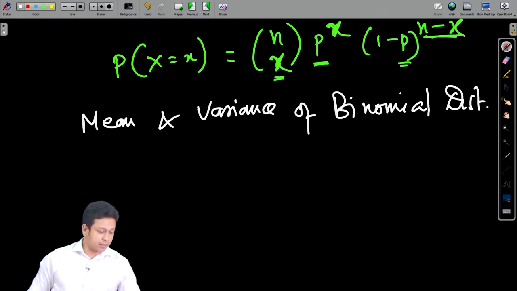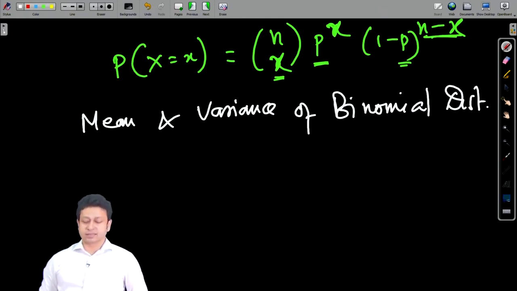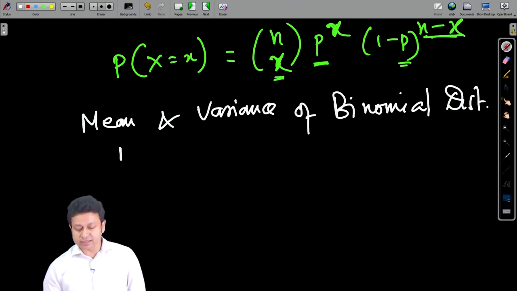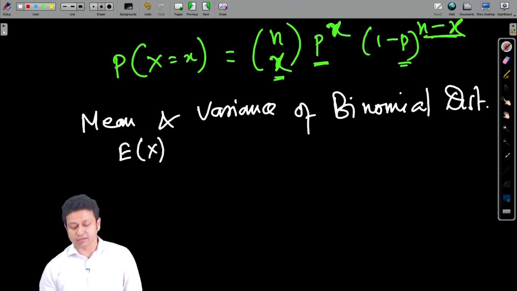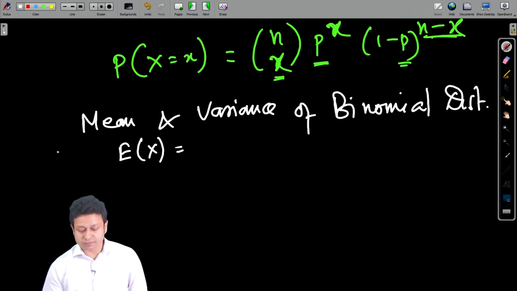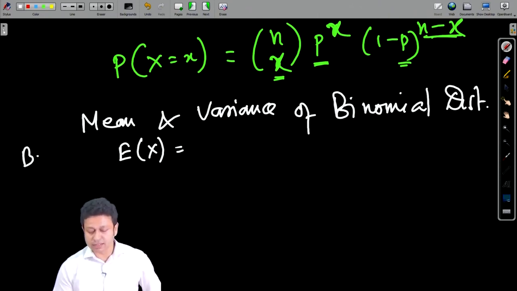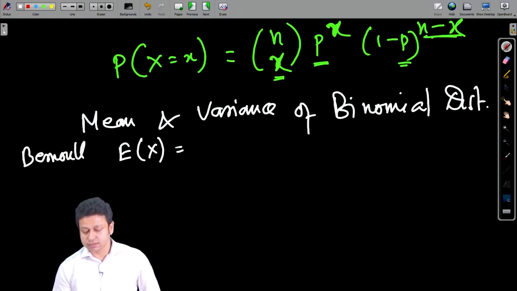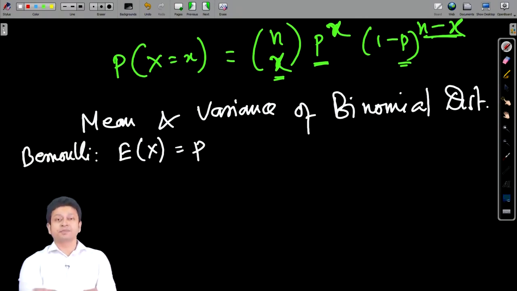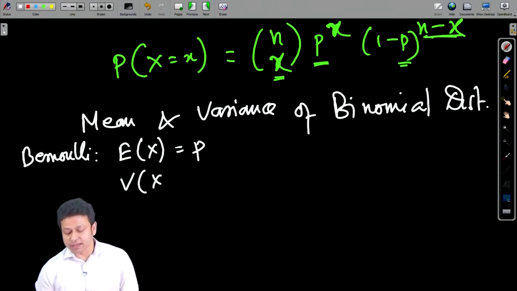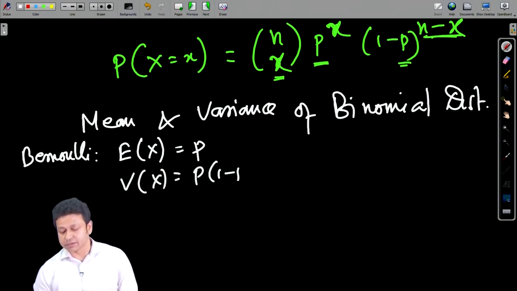We know that you basically add up all the trials. Previously, the expectation of x in a Bernoulli trial is equal to p, and the variance of x in a Bernoulli trial was p into 1 minus p. We have seen that.